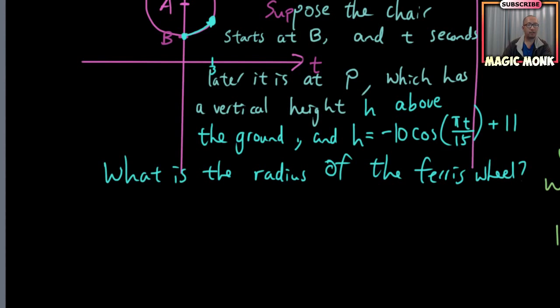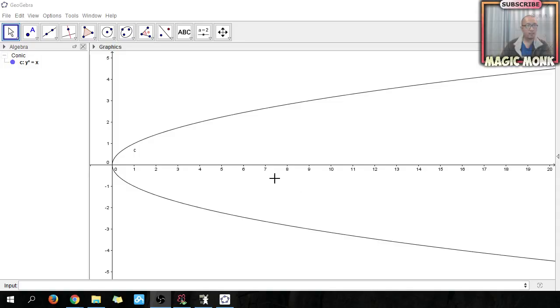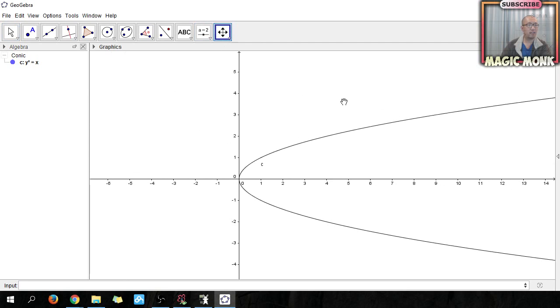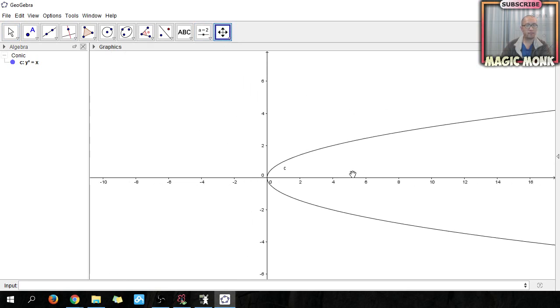Okay, well, everyone wants me to do someone else's, so here is the, oh, you have GeoGebra. Okay, well, y squared equals x. So Lily, that's your graph.